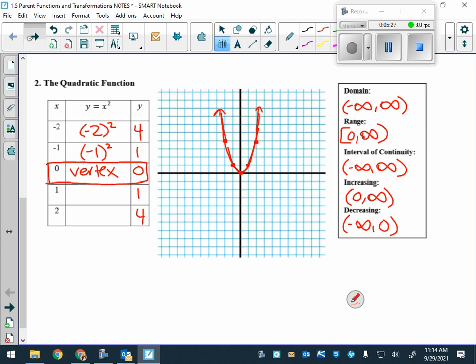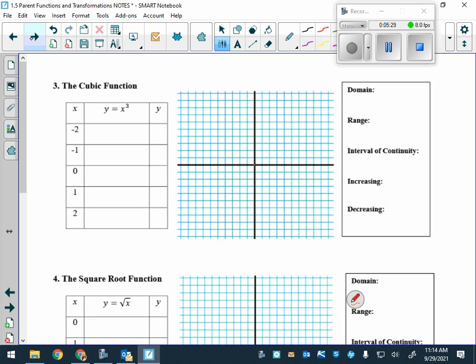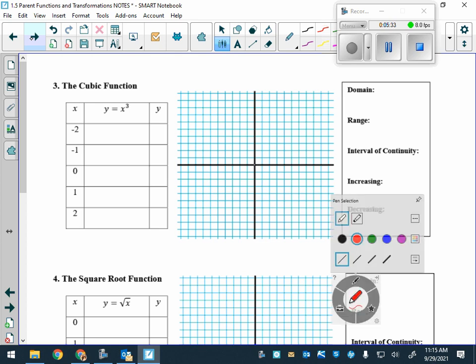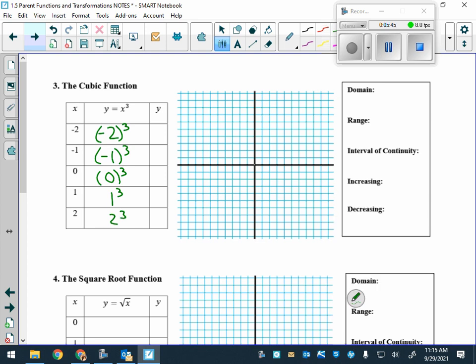Okay. Next, which might be new to you, is a cubic function, okay? If we have cubic functions, again, -2 cubed. Okay. What is -2 cubed? Yeah. -8. -2 times -2 times -2.